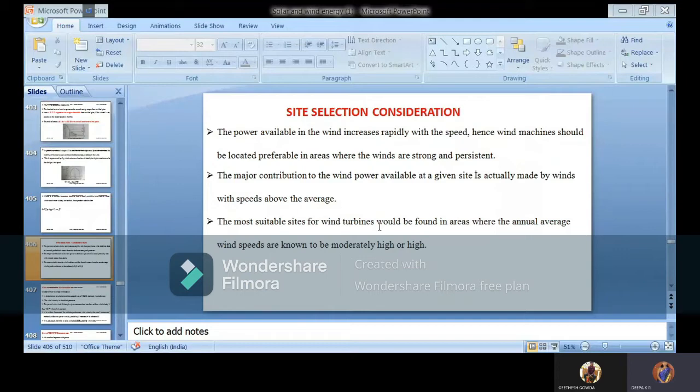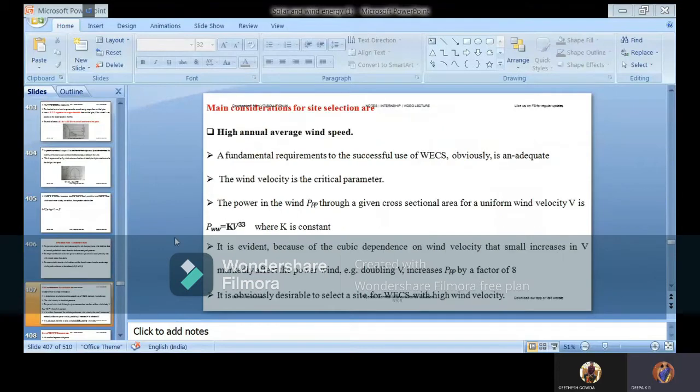As a continuation, select a place with a good wind velocity, higher than the range you calculated for the design of the rotor, blades and all, and preferably a moderately high or high wind speed place will be located for a windmill installation.